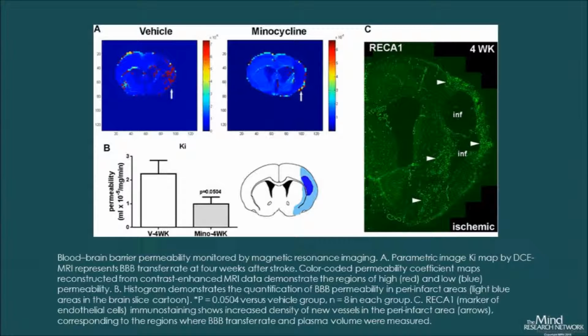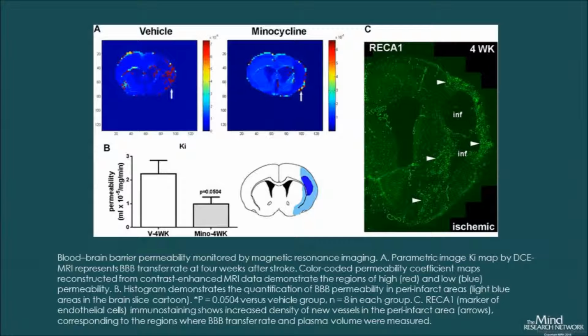This picture shows the blood-brain barrier permeability monitored by MRI. On panel A, the parametric Ki map is measured by dynamic contrast-enhanced MRI. The color-coded permeability coefficient maps reconstructed from the MRI demonstrate the regions of higher and lower permeability.